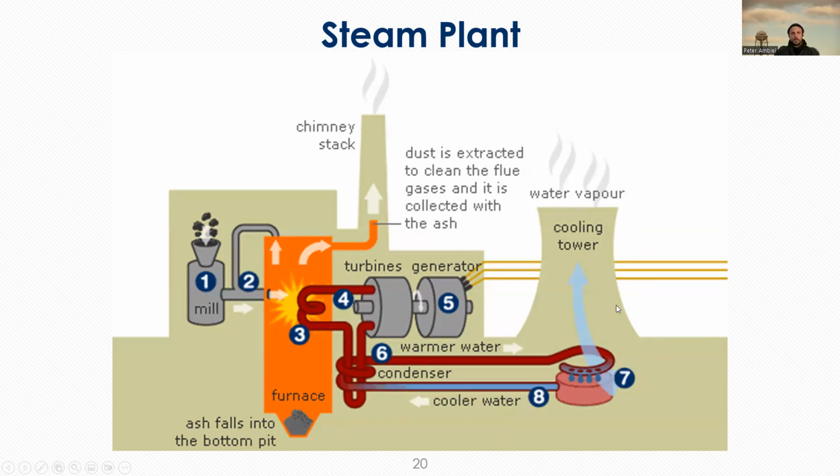That water is then, as it warms in order to cool the water coming out of the turbine, that water can get evaporated through a cooling tower. So actually, when you look at a steam plant, you typically are going to see something like this, where you have these cooling towers and you have this chimney stack.